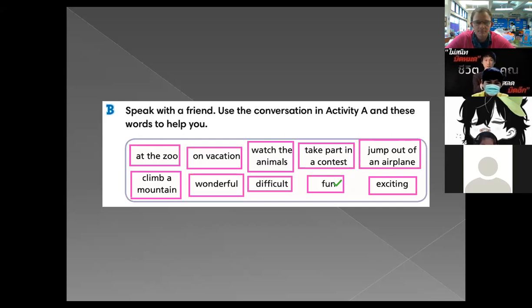I was exciting to play roller coaster. Excellent, excellent. That's also a sentence we can make. Well done. Thank you very much. But for the word exciting, I would just have added an ed. I am excited to play with the roller coaster or to ride a roller coaster. But that's a very good sentence. Thank you very much. Next one.